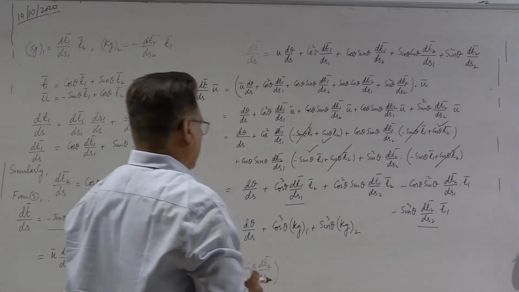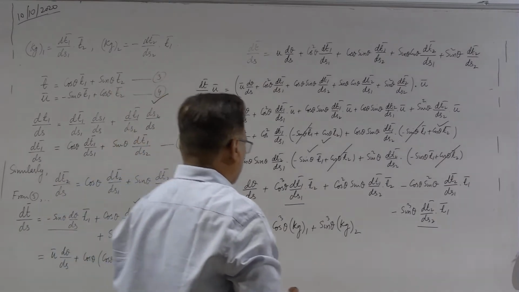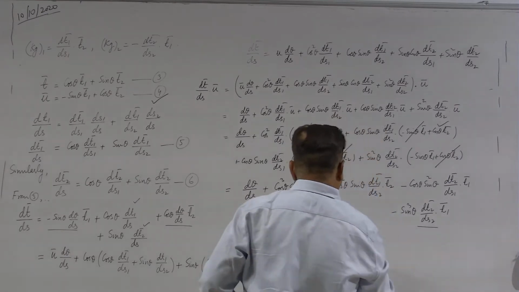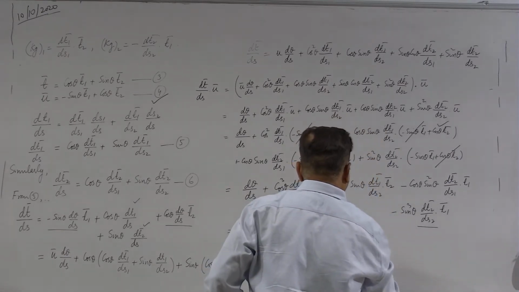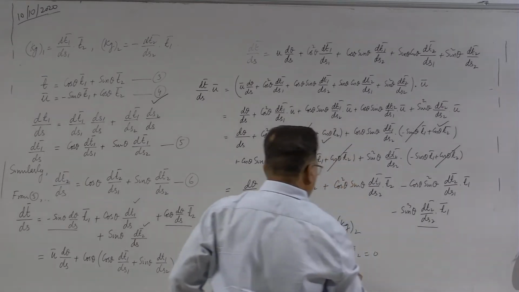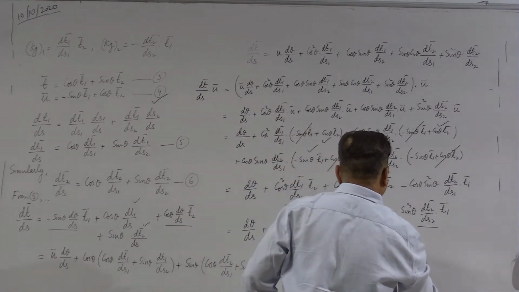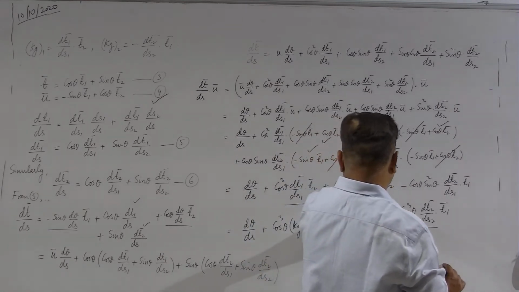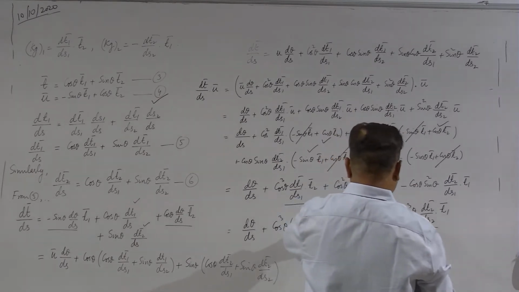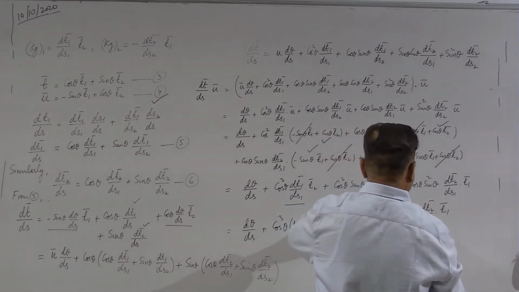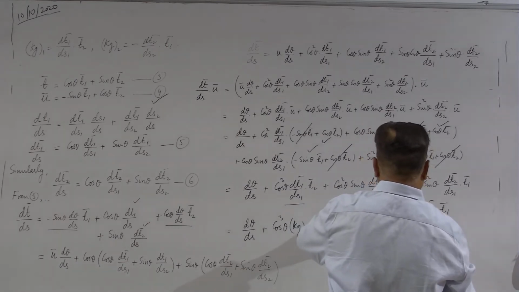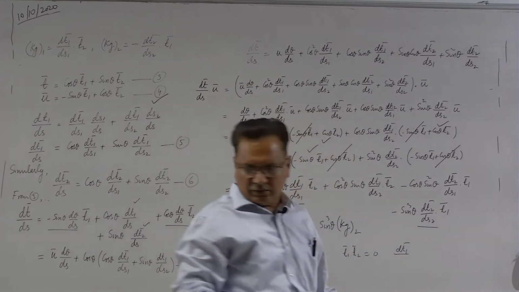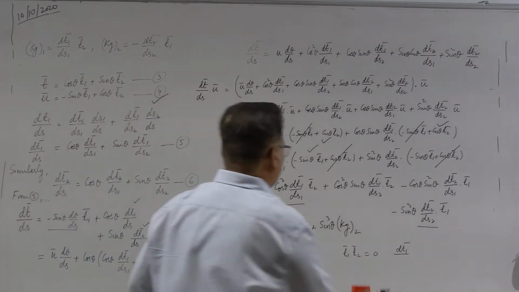Now, look at the remaining terms. What can you do with these terms? Look here: T1 dot T2 is 0, and if I differentiate this relation, I will be getting dT1 over ds2. Okay, don't write this. Something is common from here.